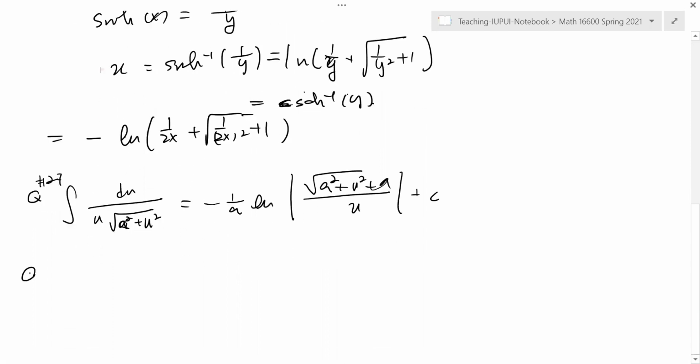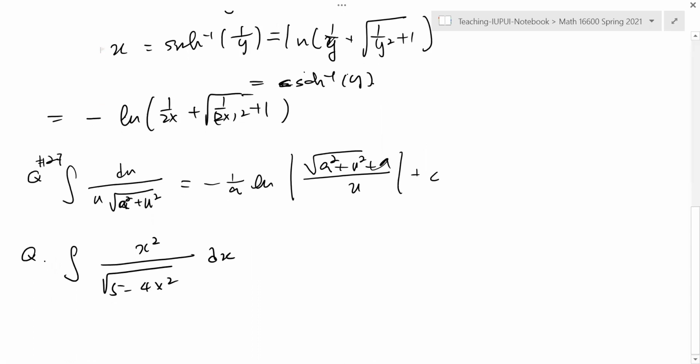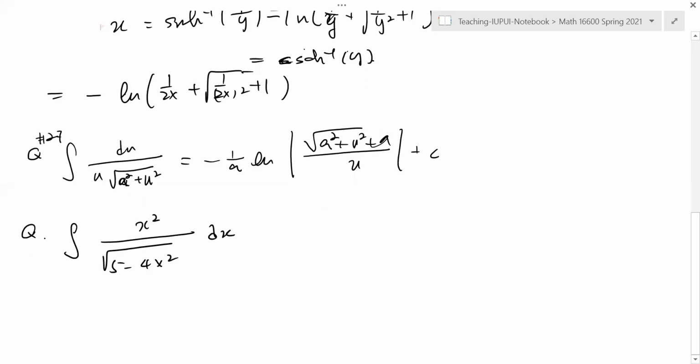All right, so now I'm going to take a look at the following integral. Of course, we have to get rid of these strange constants like 4 and 5. So use a substitution, make it as simple as possible. Okay.